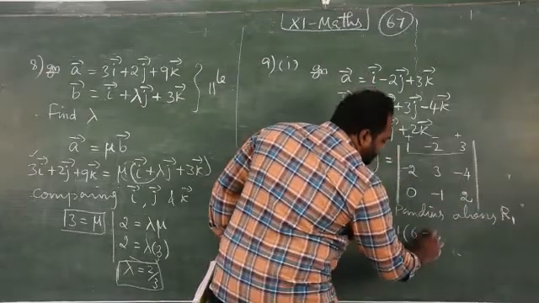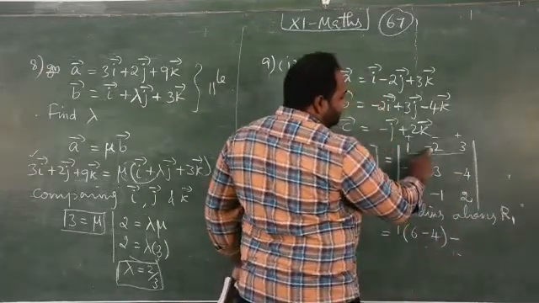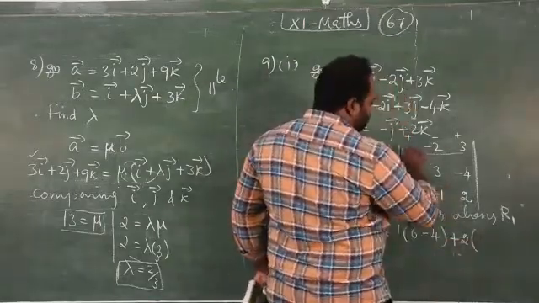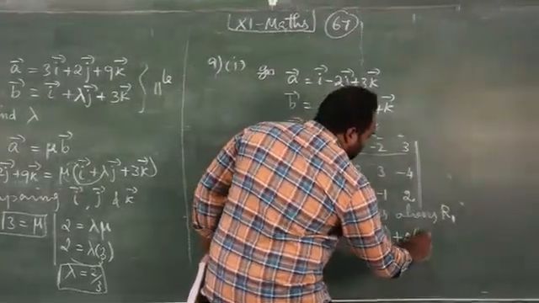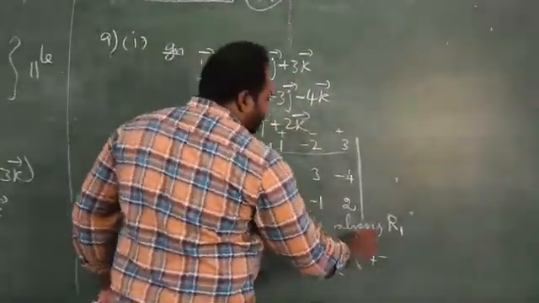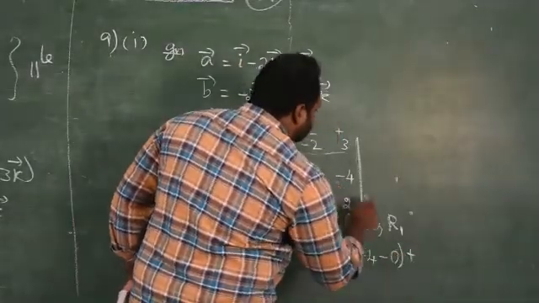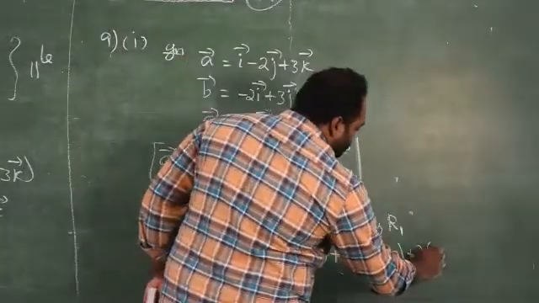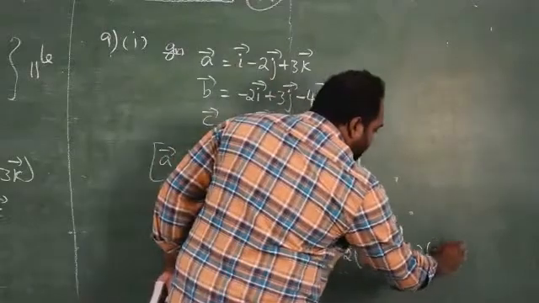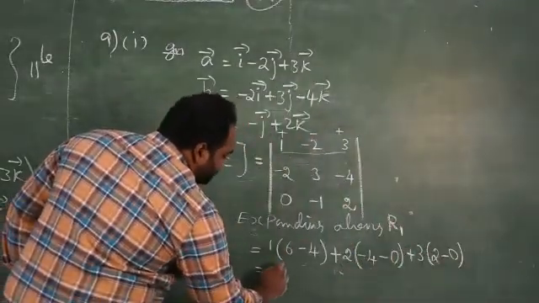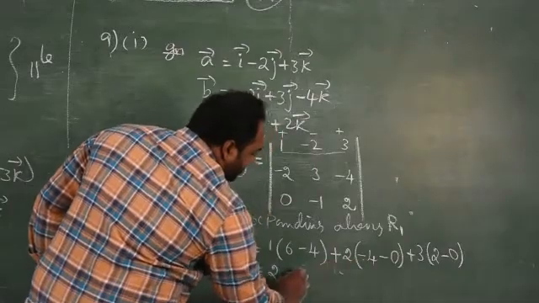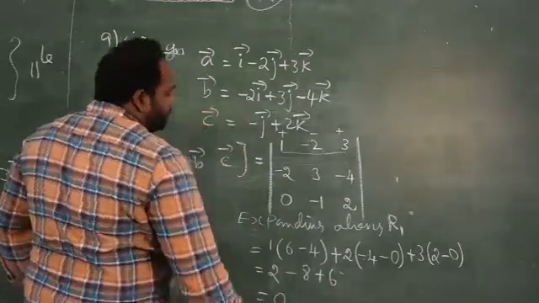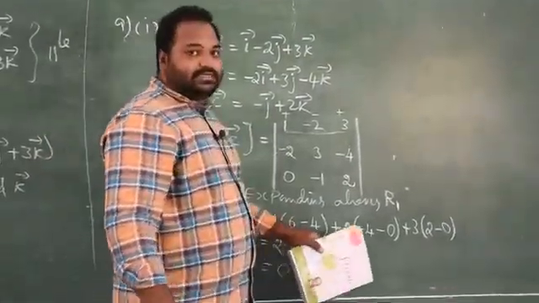Here we have minus 2, so minus becomes plus. Next, 2 into, eliminate this column and row: 2 into 2 minus 4, minus of 0 into minus 4, 0. Next plus, here we have 3, cancel this column and row: minus 2 into minus 2, plus 2, minus 0. 6 minus 4 is 2, minus 4 minus 8 plus 6, it is 0. So 2 minus 8 minus 6 plus 6 is 0.